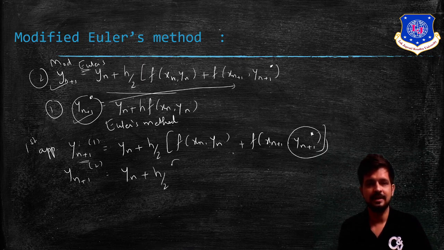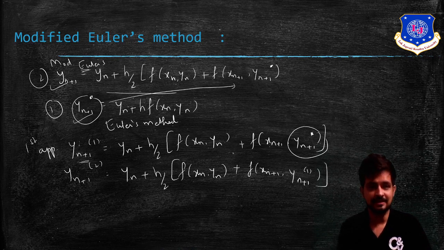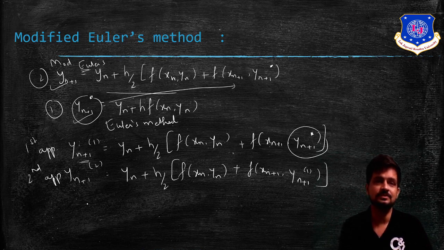So yn plus h by 2 times f of xn, yn plus f of xn plus 1, with the latest value of yn plus 1. Then we again find the next approximation, and we continue until we get consecutive values of yn plus 1 the same. So this is the formula of the modified Euler's method, and we are trying to reduce the errors with its help.